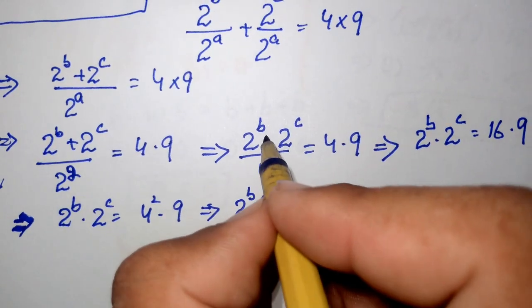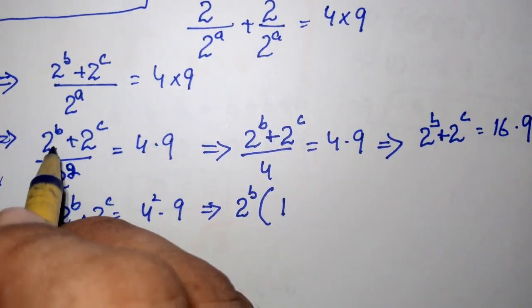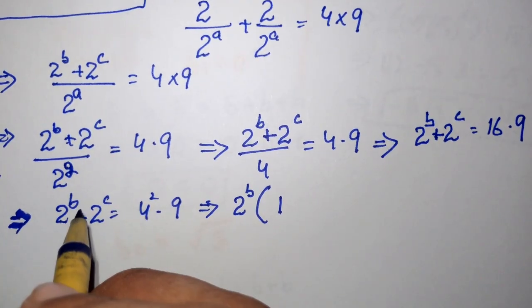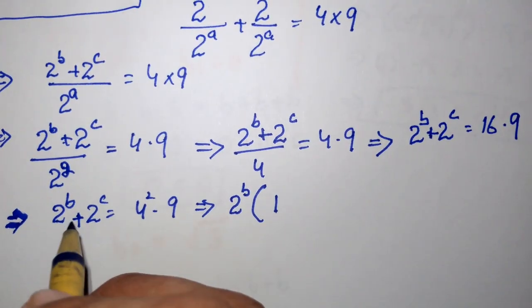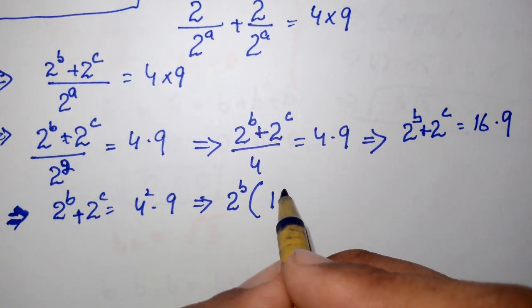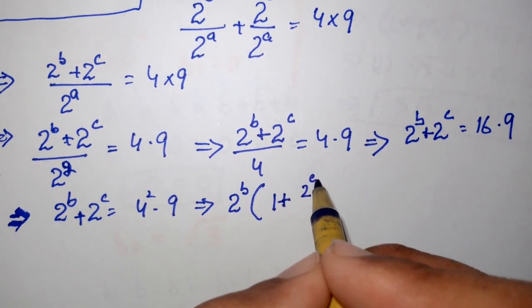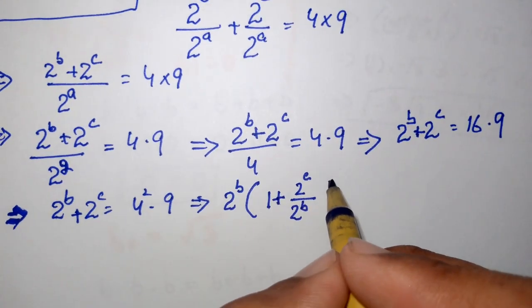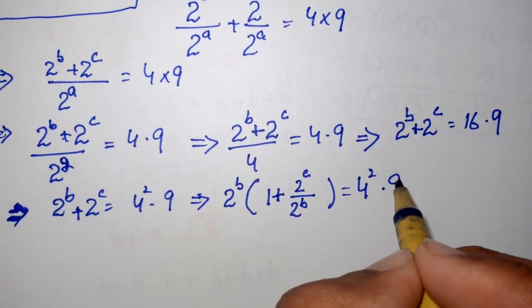Sorry, this is a plus sign, because here is the plus sign. So we have to take 2 to the power of b as a common. Here 1 plus 2 to the power of c, our 2 to the power of b is equal to 4 square times 9.